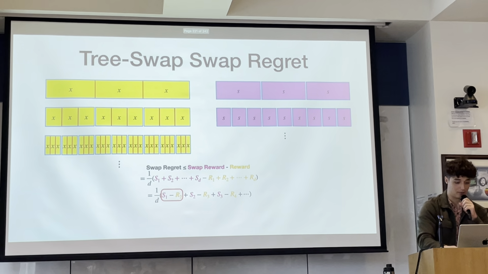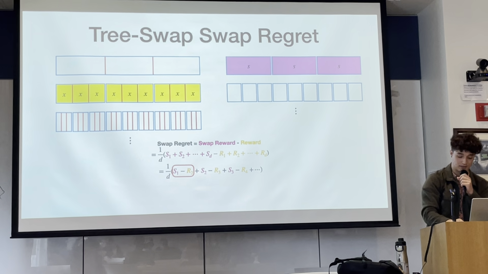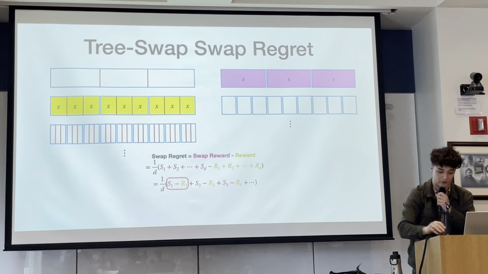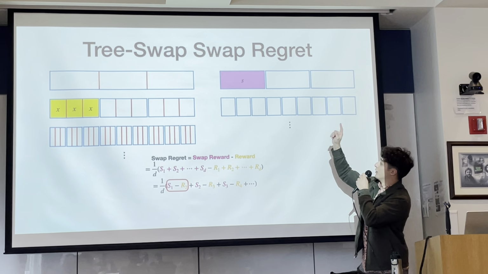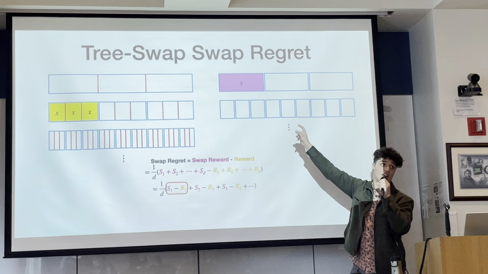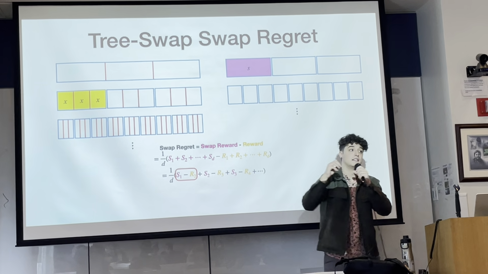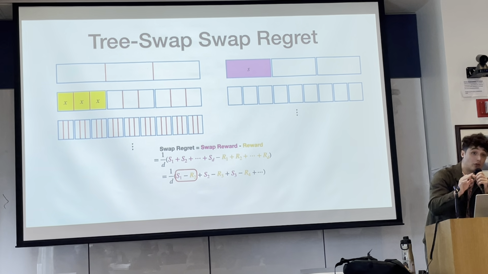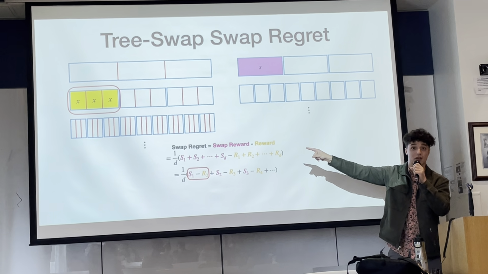Let's look at this first term, okay? So again, this is the reward of this first layer versus that second layer. And let's look at the first block of these terms. So let's look at the reward of the best fixed action over this interval versus the reward of all of these actions. This is exactly the external regret of that black box instance of lazy MWU, right?